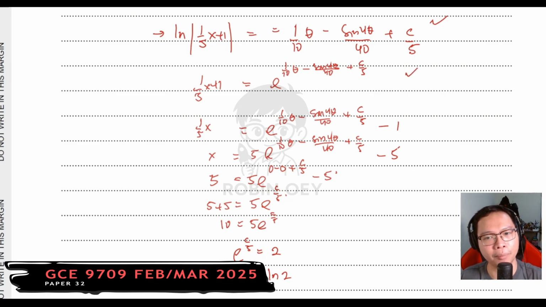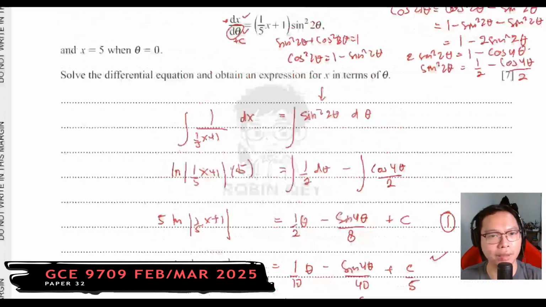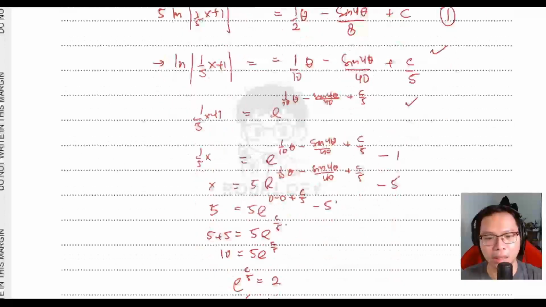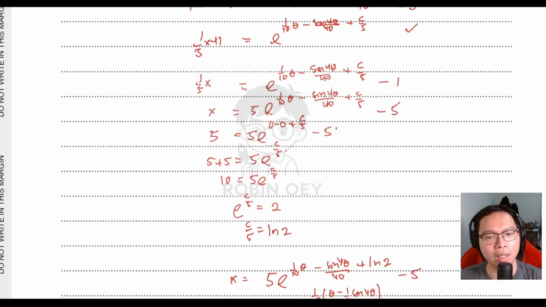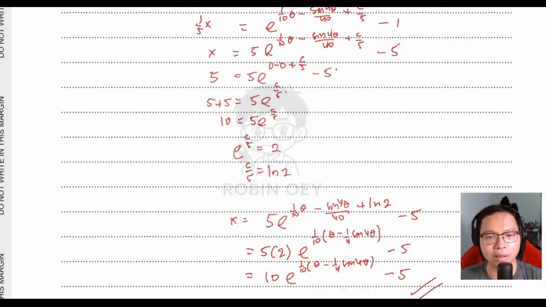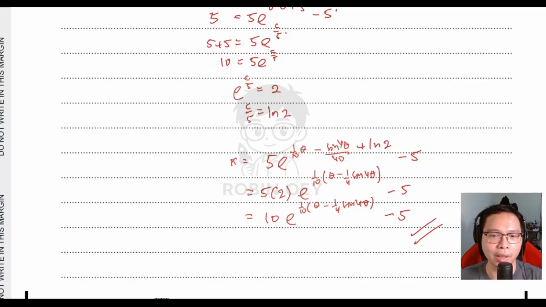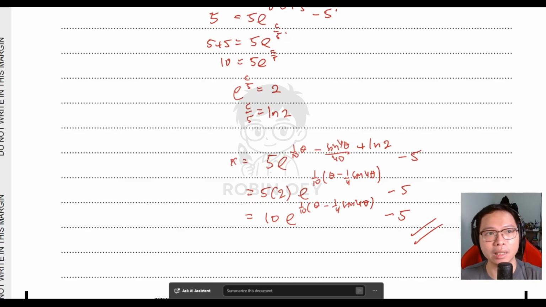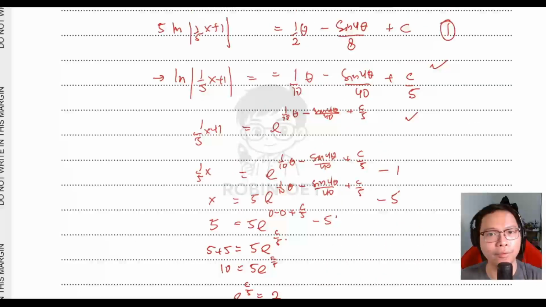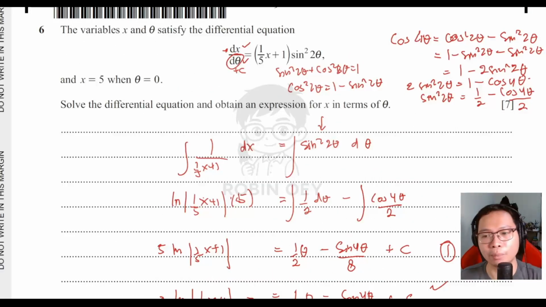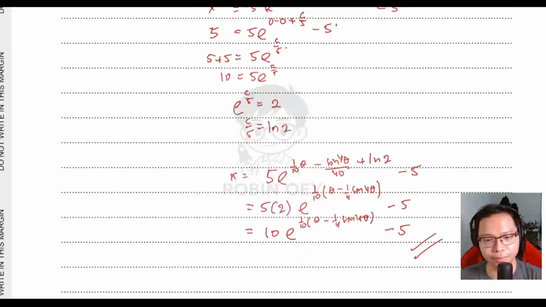The next thing, I find the c by using the data given to me: x equals 5, theta equals 0, and I got c over 5, which is actually ln 2. Then I input everything into the equation, and I get the final answer. Okay, that is for number 5. Oh, sorry, number 6.